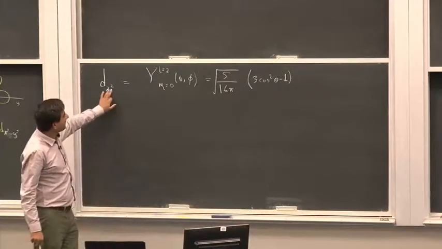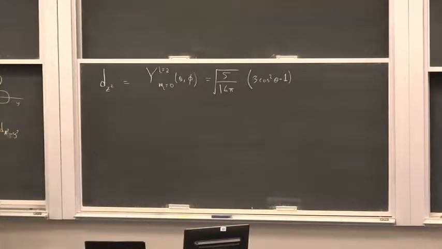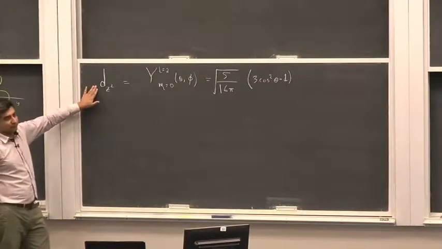And if I plot this function, this is what I get. Remember that if you equate this to 0, then this corresponds to a certain angle theta, and that theta is this angle. It's called the magic angle. It's about 54.74 degrees. So this is the dz square orbital.